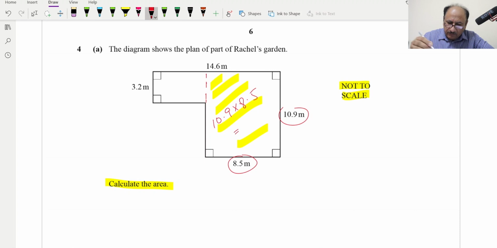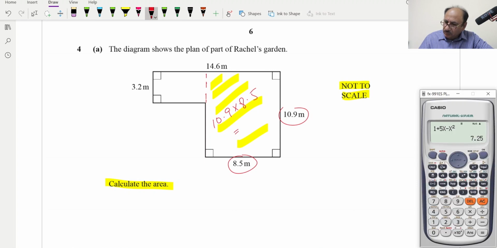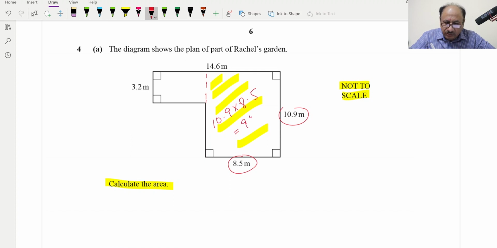This will be the area, which is equal to 10.9 multiplied by 8.5, and this is equal to 92.65. So 92.65 meters square.